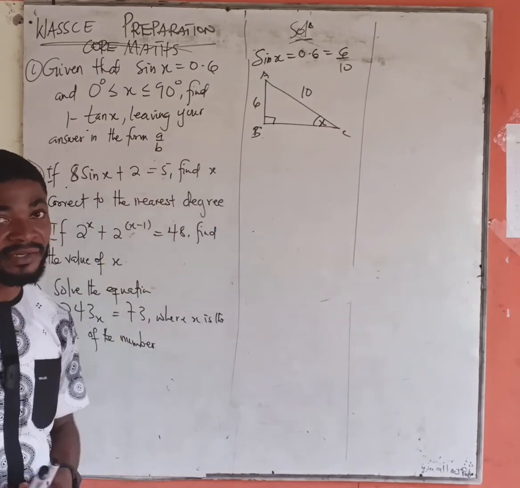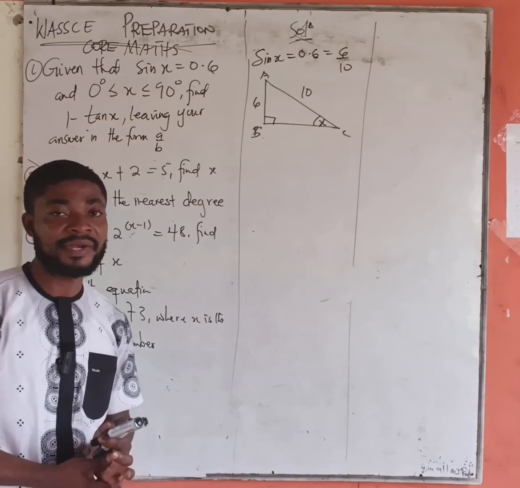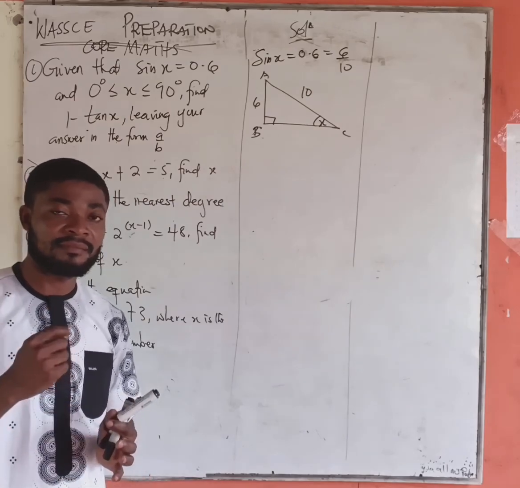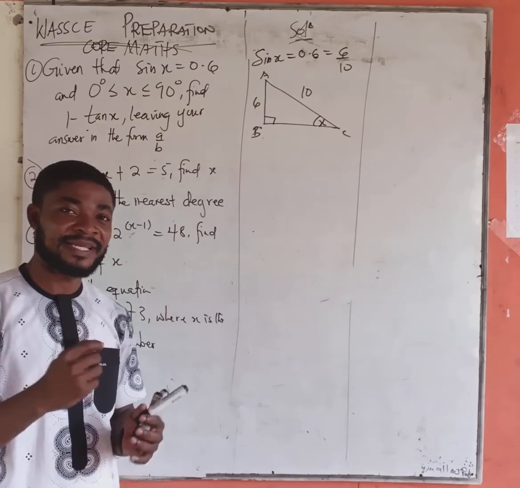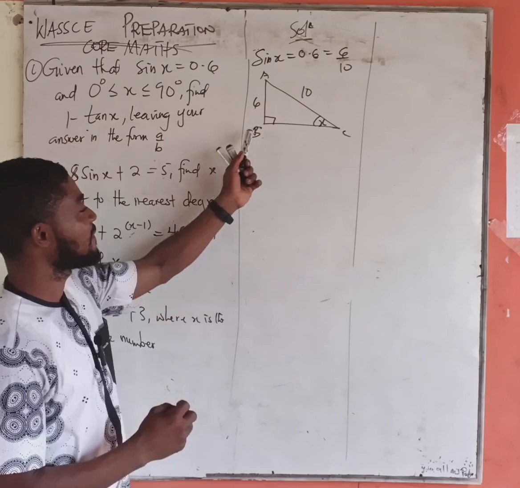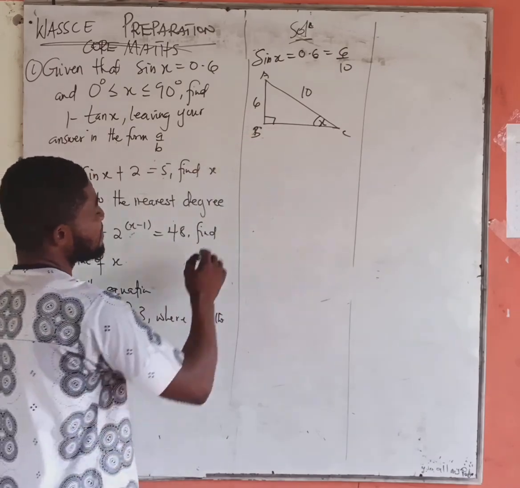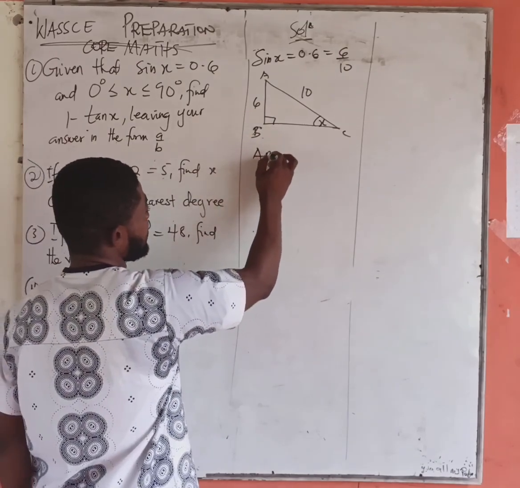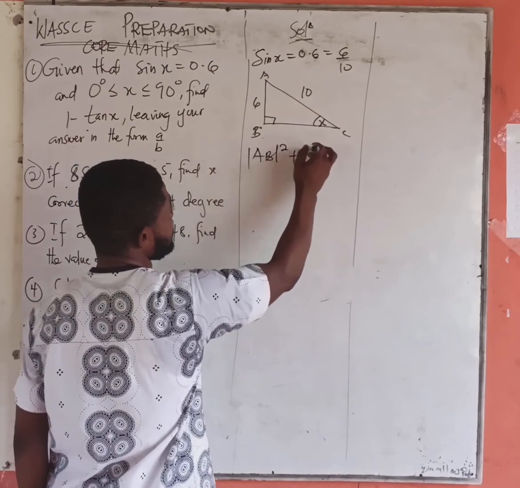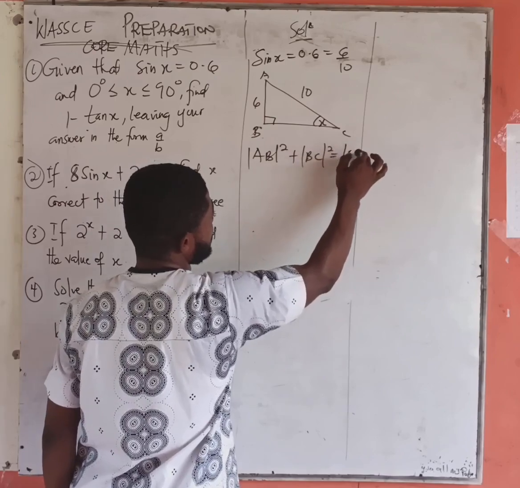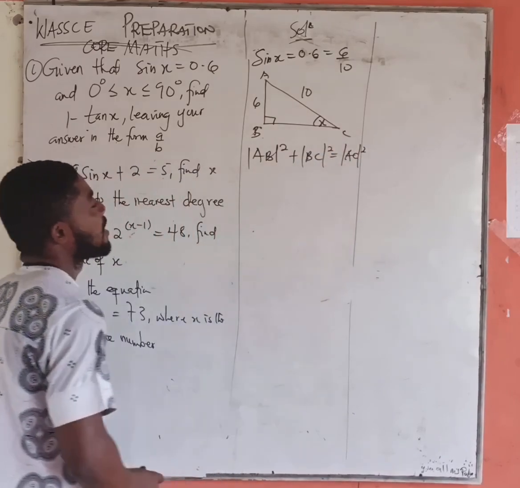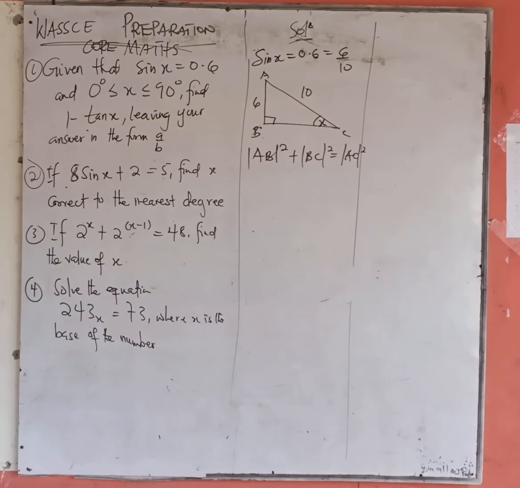I know this is a right angle triangle, so I apply the Pythagoras theorem, and then I use that to get the value of BC. So I say AB squared plus BC squared should be equal to AC squared.